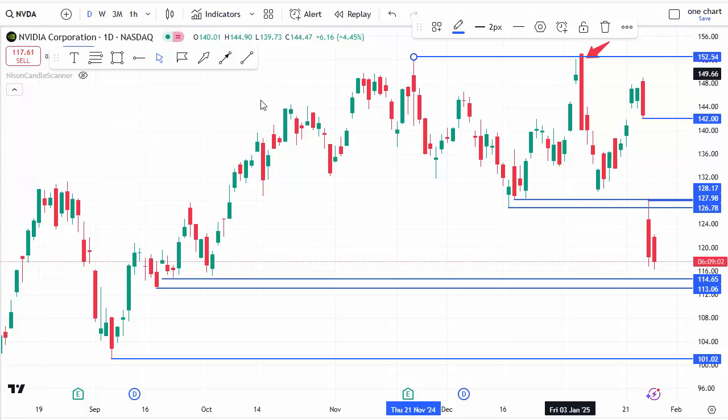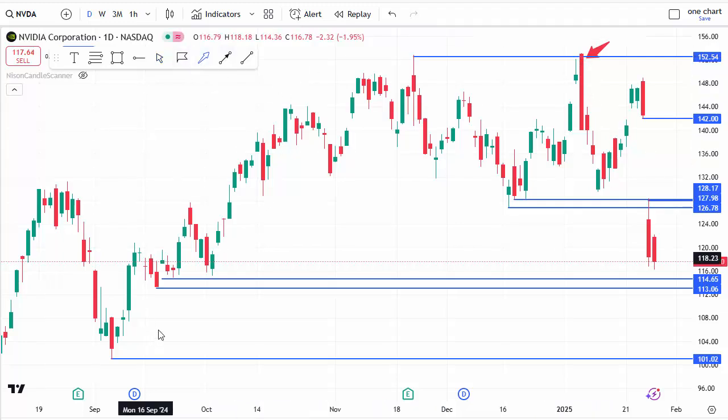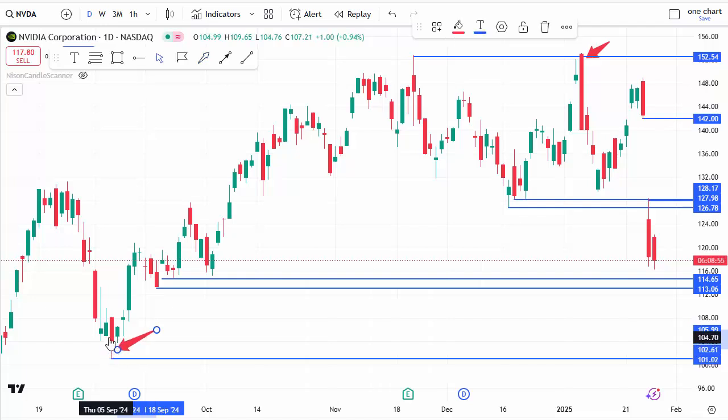Now, speaking of education, let me show you something important here. Isn't this a red real body wrapping around a green real body, just like the bearish engulfing pattern here and over here? What's the difference? Well, the difference is a bearish engulfing pattern has to come during an uptrend. Was this an uptrend? No, it was a downtrend.